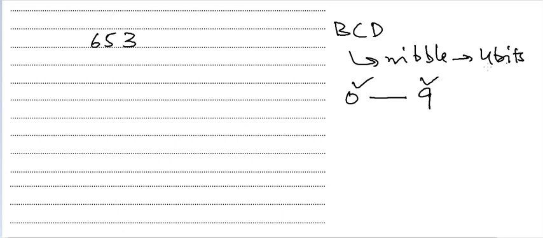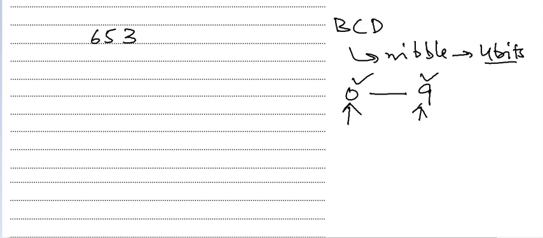So we can use these 4 bits to represent a value between 0 and 9. Meaning if we want to represent 6, we use 4 bits for this 6, and if we want to represent 5 in BCD, we use another 4 bits, and if we want to represent this 3 in BCD, we use another 4 bits.